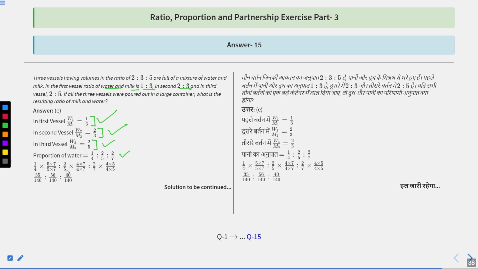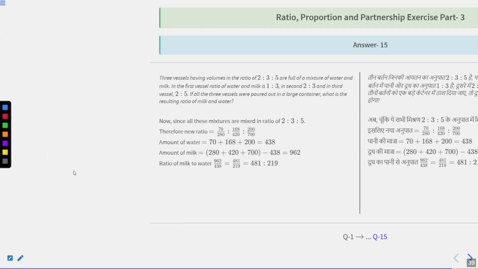Same way, 2/5 multiplied by 4 into 7 upon 4 into 7. In the same way, 2 upon 7 multiplied by 4 times 5 upon 4 times 5, which gives you 35 upon 140, 56 upon 140 and 40 upon 140. Clear? Solution to be continued.